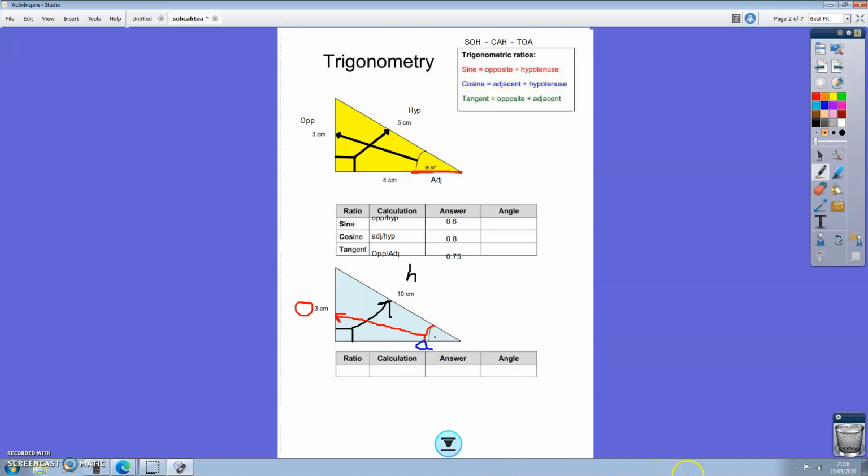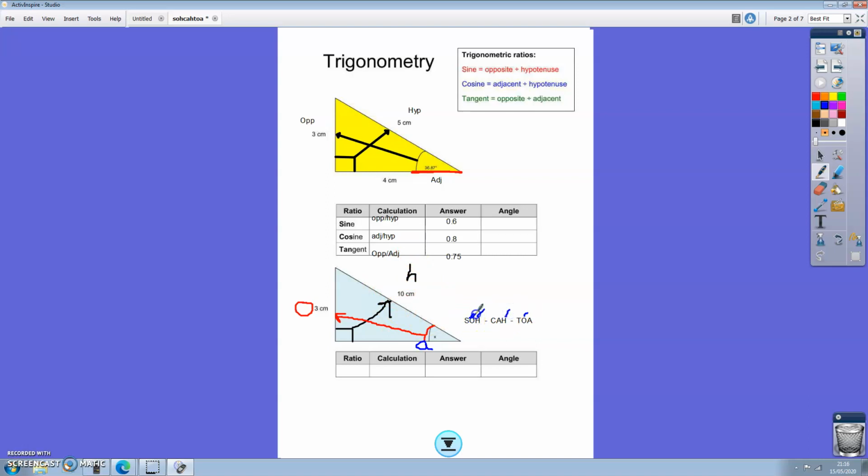Now we've labelled the triangle correctly, we're looking to find which ratio I need. Thinking of the word SOH-CAH-TOA, what do I know, or what don't I know? Do I know the opposite? Yes, I do, so I could use the opposite. Do I know the hypotenuse? Yes, they give me that, so I could use the hypotenuse.